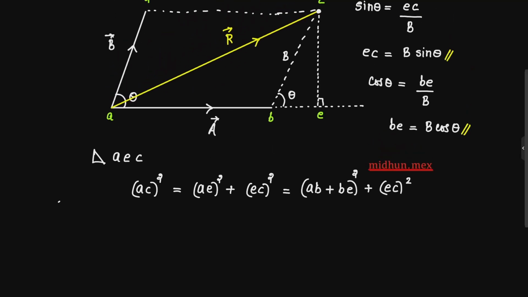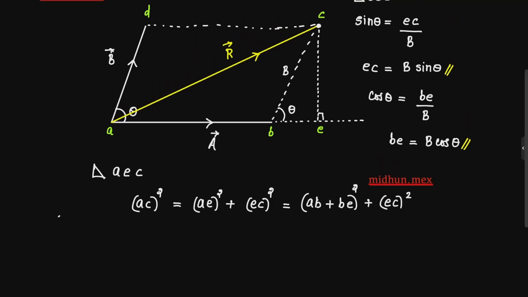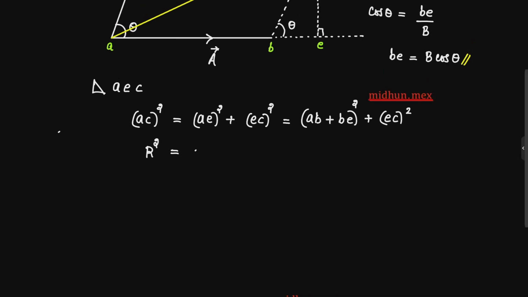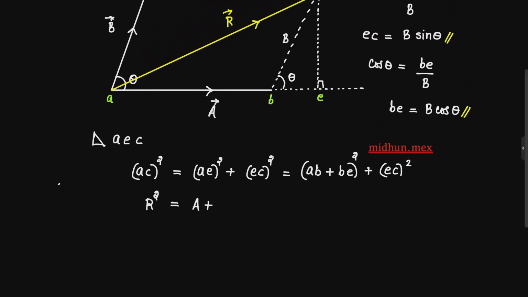AC value is definitely equal to R, so that will come as R square. AB value is A, and BE we already found: BE is equal to B cos theta.